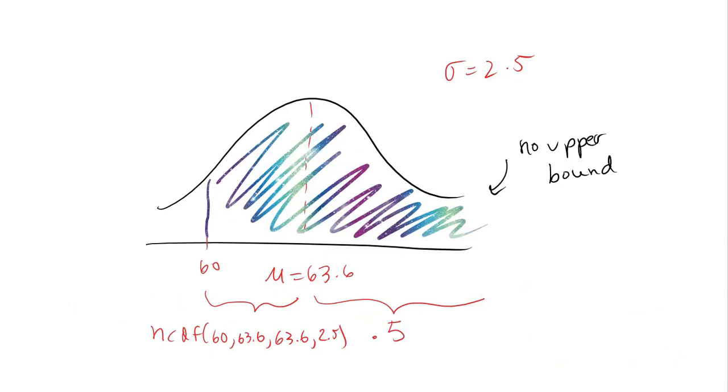When I do this in the calculator, I always put the 0.5 first. So 0.5 plus normal CDF of 60, 63.6, 63.6, 2.5. And again, we already know what this answer is going to be, but let's run it in the calculator just to show you how I would set it up.